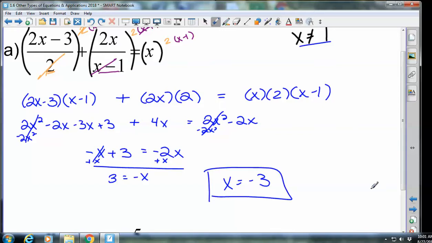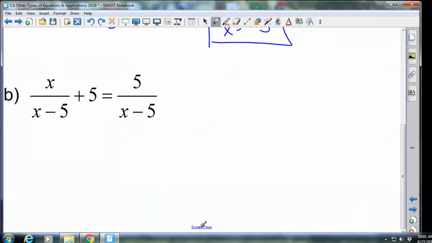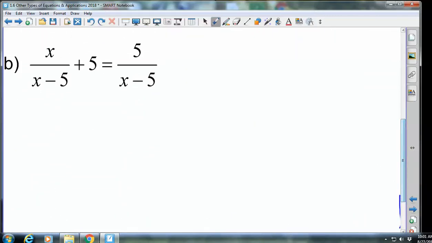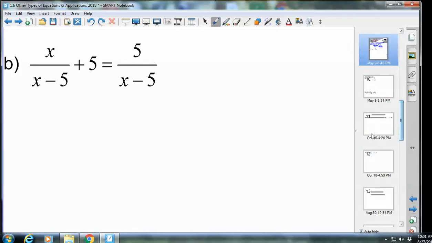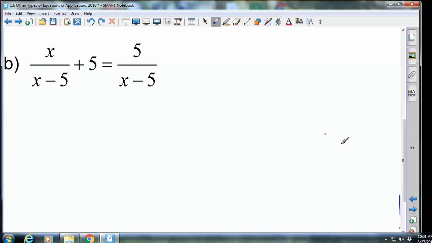What questions do you guys have right here? First, what can x not be on this problem? 5.